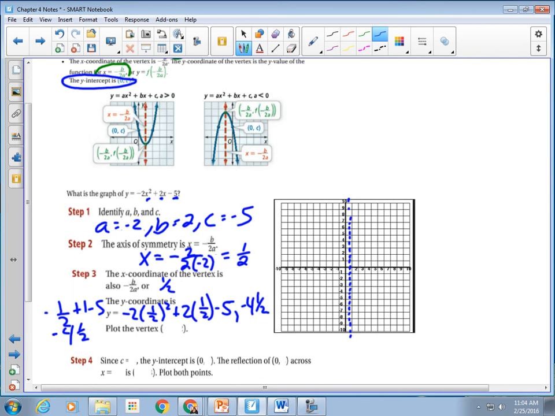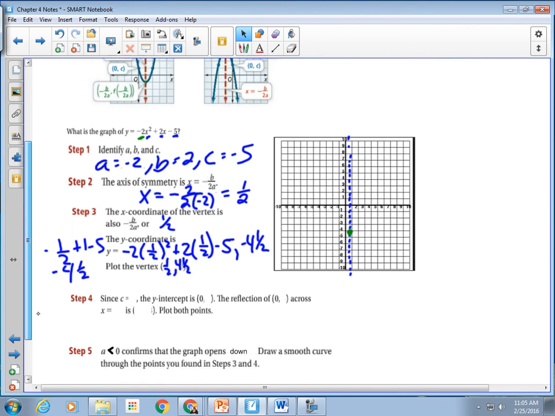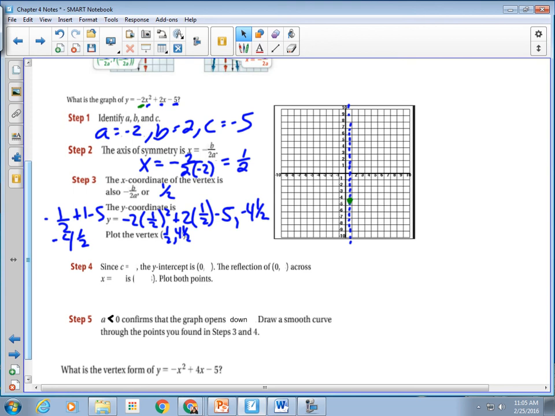So we're going to plot our vertex, which is at 1/2, negative 4 and 1/2. I know we are facing down because I have a negative in front. Since c is equal to negative 5, the y-intercept is at 0, negative 5, which is right there.